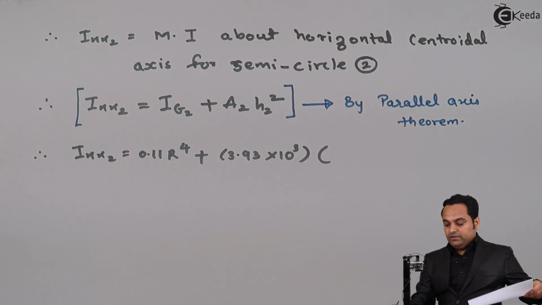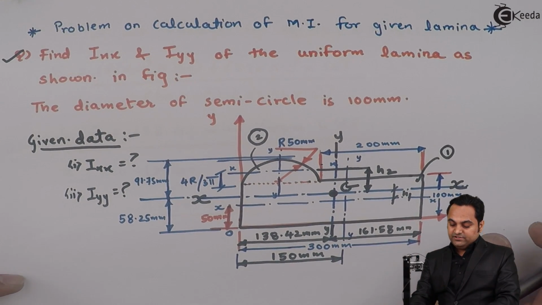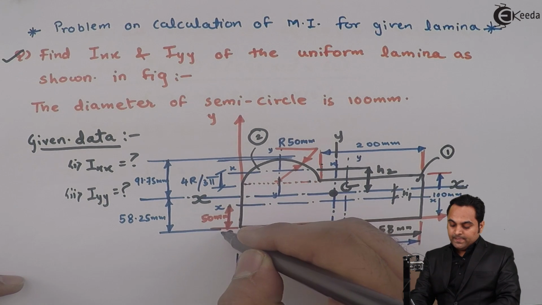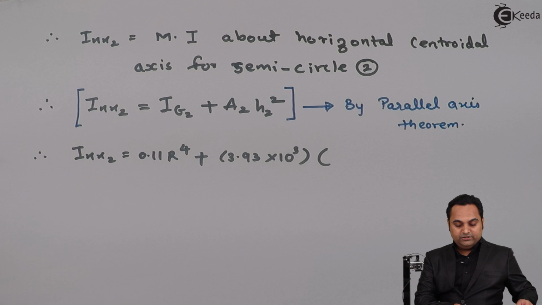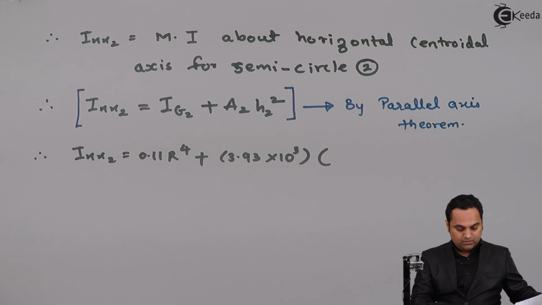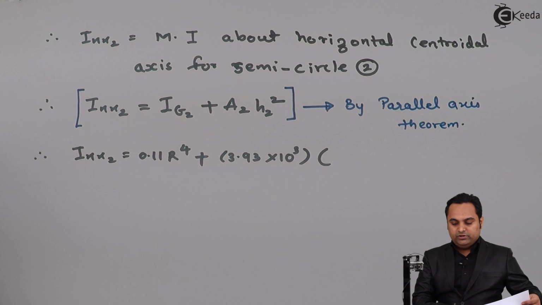H2 is the distance between the two axes. Here if we see, previously we have calculated this distance as y2, and the answer of y2 was 121.22 mm. That was y2, which we have calculated previously.